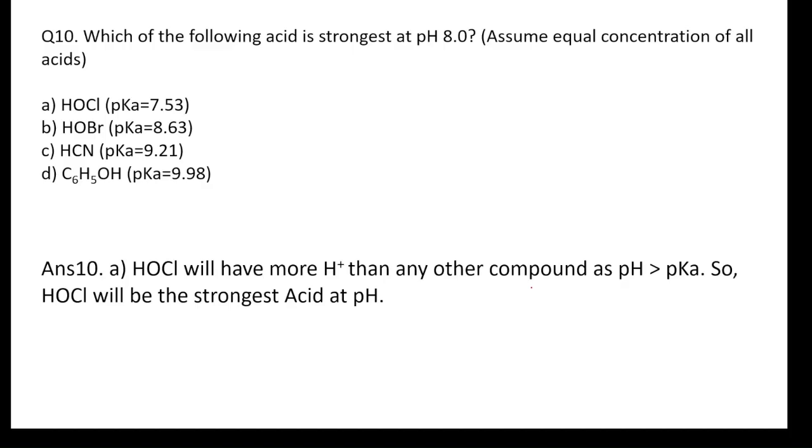Okay. And at some other pH, the other acid can be stronger. It's not like HCl will be stronger all the time. At some other pH, another acid can be stronger. So pH does not solely decide if the compound is completely acidic or basic. This is just one concept that pH greater than 7 is considered basic and less than that acidic.